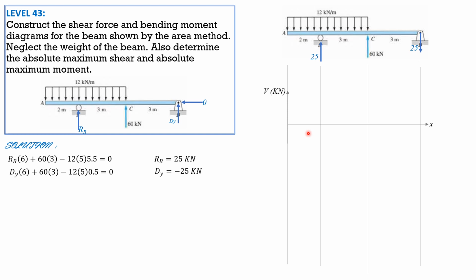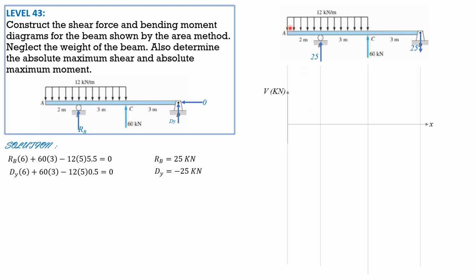So for the shear diagram in kilonewtons, beginning with 0 shear at A, then we have negative 12 slope, which is the intensity of the load, straight line, because that's 0 degrees, so first degree here.